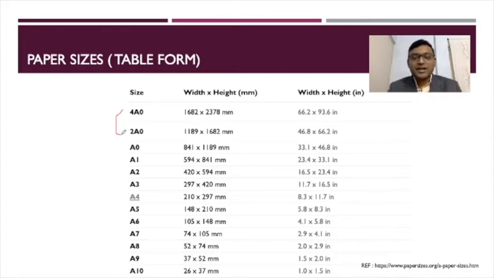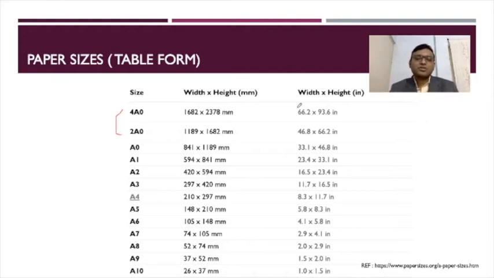The width and height for 4A0 are 1682 millimeters cross 2378 millimeters. And when it is converted to inches, it becomes 66.2 inches cross 93.6 inches. Now, why do we need to know it in inches? It is because in some countries people are more conversant in talking about lengths, widths and heights in millimeters, while in some countries they are more conversant in talking in inches.